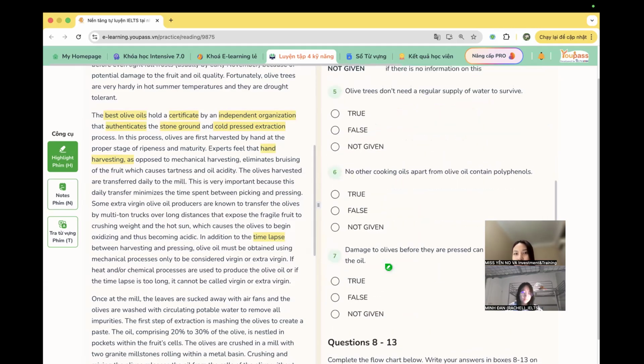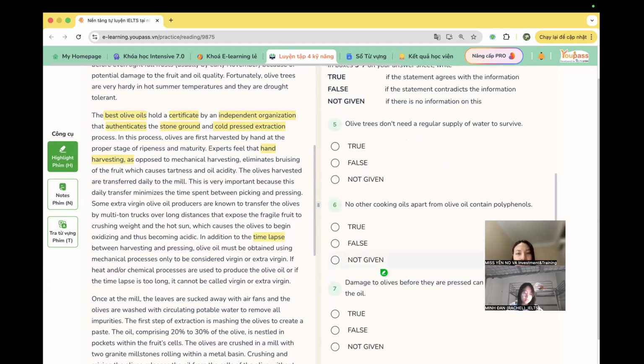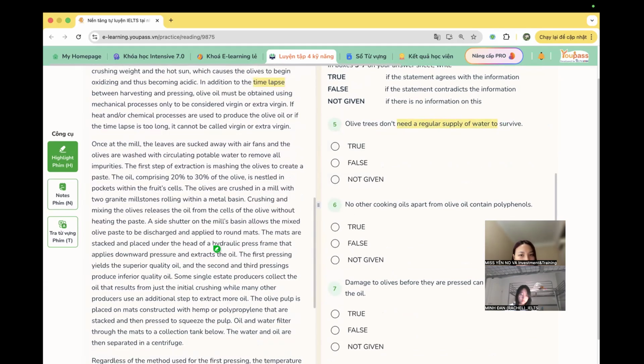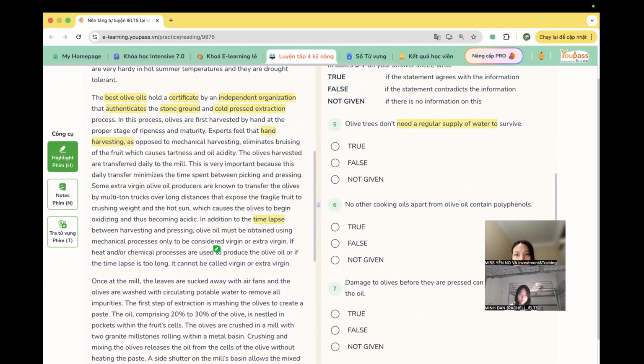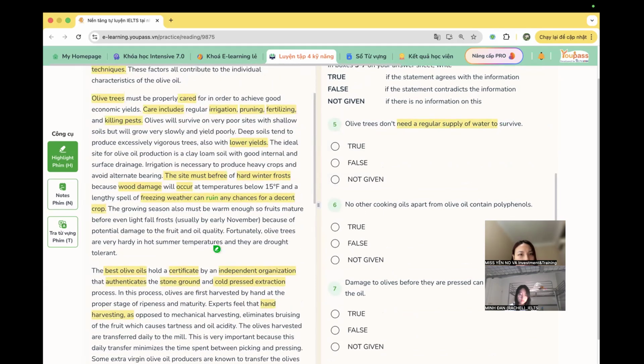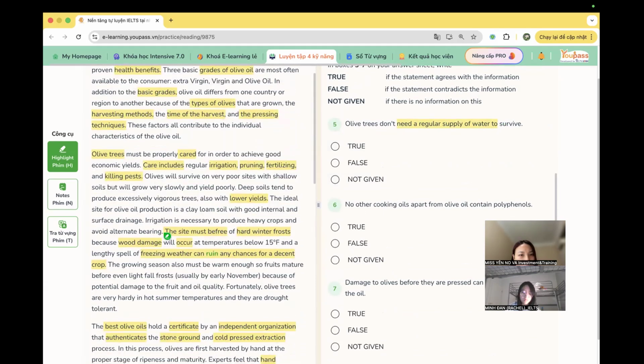Okay, continue with true, false, and not given. Olive trees don't need a regular supply of water to survive. Is it true or not given? I think we have to go back to this part.